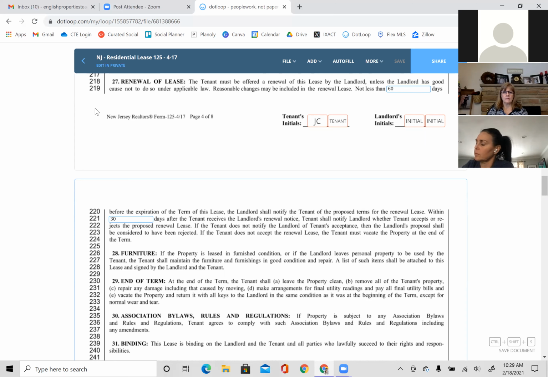If, say, they're constantly late with their rent, they don't maintain the property, there's garbage everywhere, the lawns are really tall, they're constantly getting yelled at by the town, well, then the landlord would have good cause to not renew the lease.